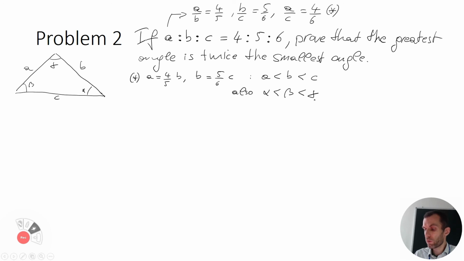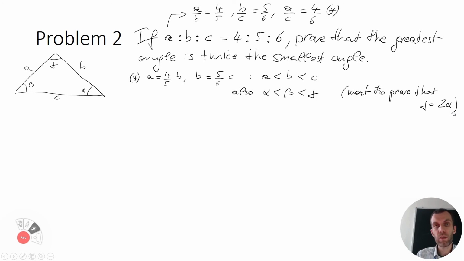So this is good because now we can write down what we want to prove in mathematical language. So we want to prove that gamma is 2 times alpha. Okay, it's always good to have a mathematical expression to focus your thoughts.